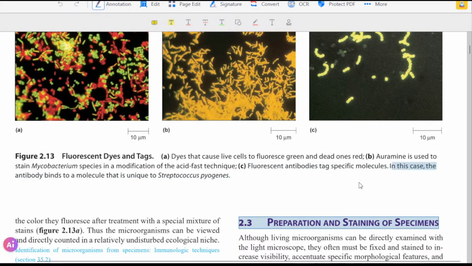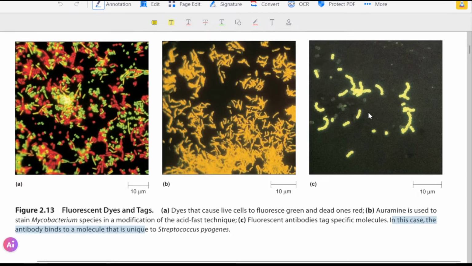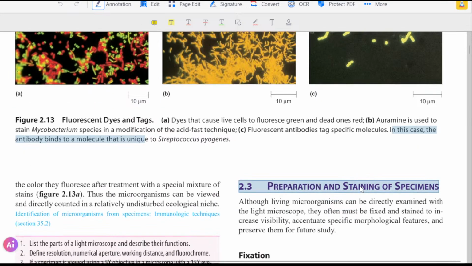In this case, the antibody binds to a molecule unique to Streptococcus pyogenes. The diagram shows Streptococcus pyogenes, and we can see it only because the fluorescent antibody is attached to it. All of these diagrams are 10 micrometers.